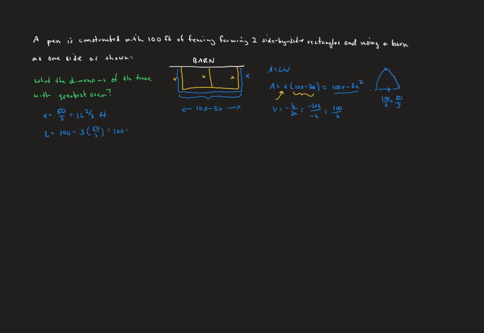So that's going to be 100 minus 50, or 50 feet. So our dimensions are going to be 50 feet by 16 2/3 feet. That's going to be the dimensions of our pen with largest area.